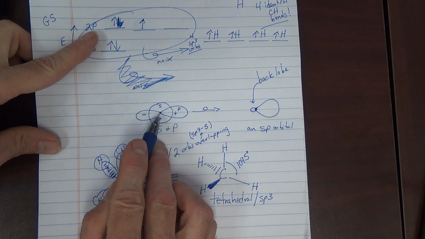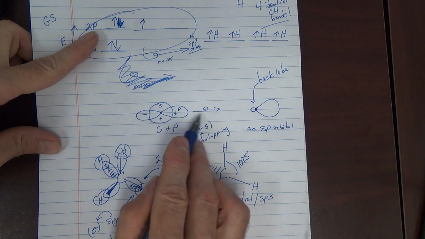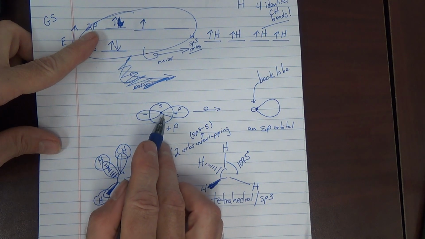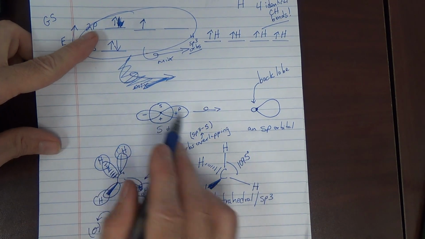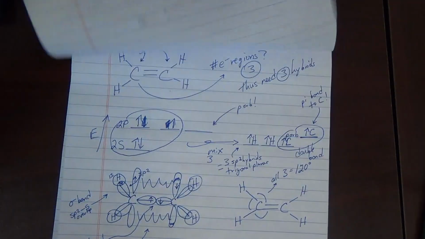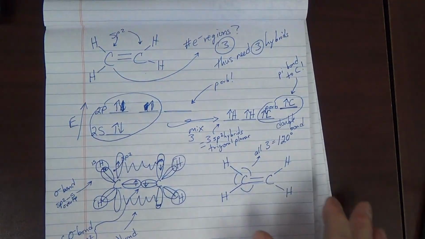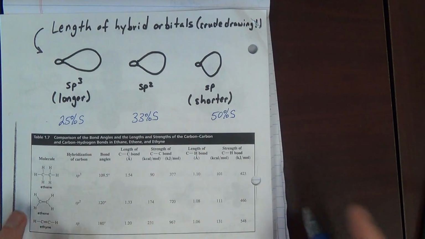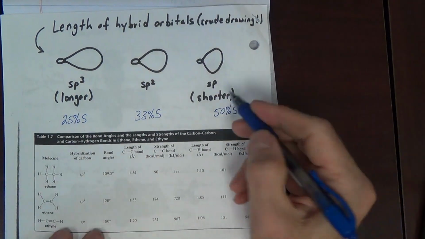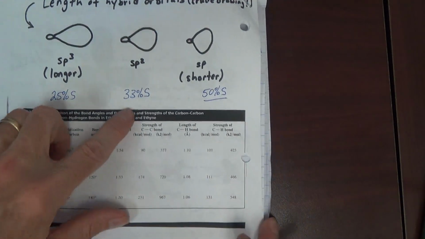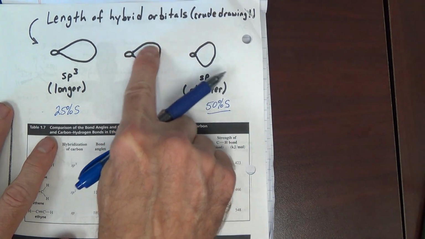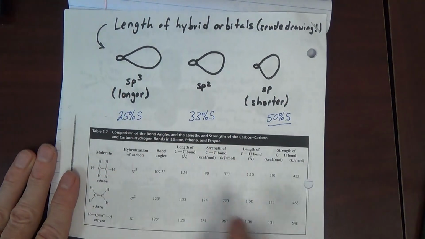The p orbital is more elongated. P orbital is longer. So the more your hybrid has s character, the shorter and rounder it's going to be. And so I'm trying to show this shorter but also rounder because it's 50% s. As the s character decreases, it gets longer and not as round.